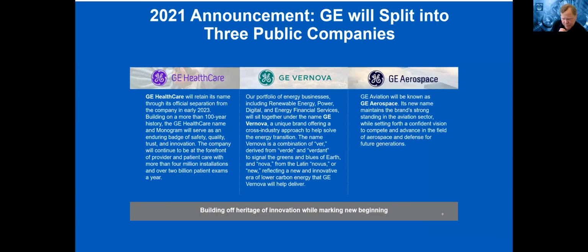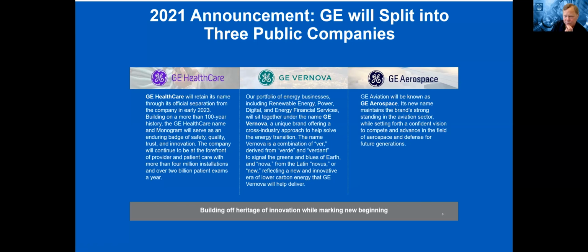So for people that have been following what's happening within the company, in 2021, there was an announcement that GE will split into 3 public companies. GE Healthcare is now a standalone entity. They have their own research center. Right now, GE Vernova is slated to spin off at the start of 2024. And there'll be GE Aerospace.